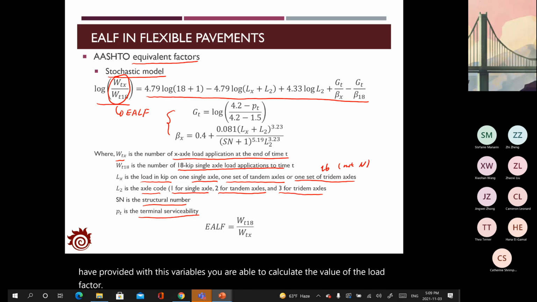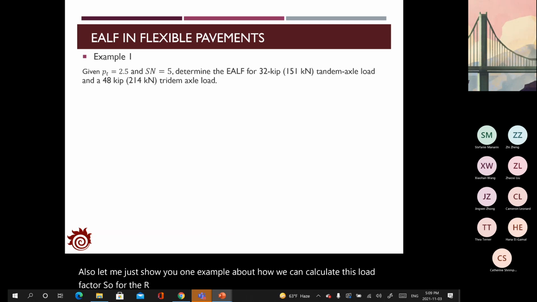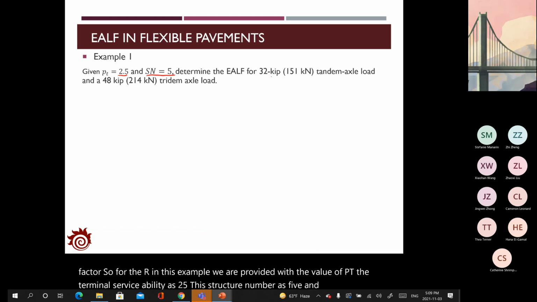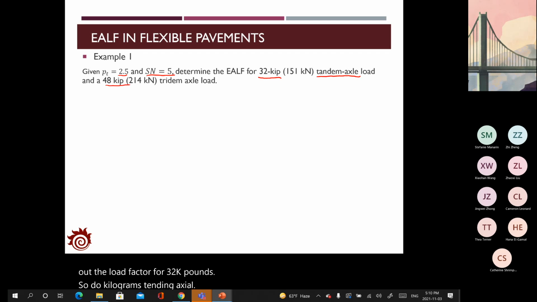So let me show you one example of how we're going to calculate this load factor. In this example, we are provided with the value of Pt, the terminal serviceability, as 2.5, the structure number as 5, and we want to find out the load factor for a 32 kilopound tandem axle and a 48 kilopound tridem axle load.